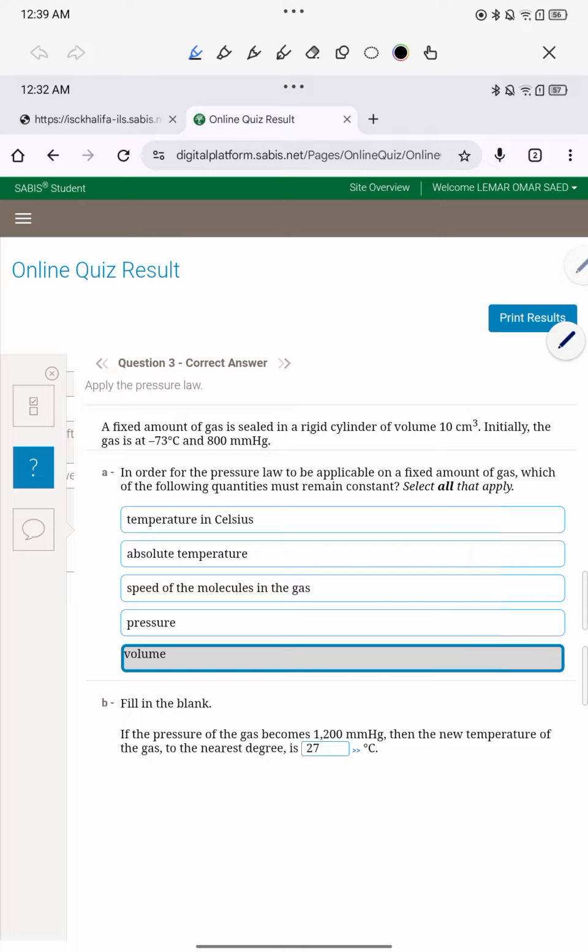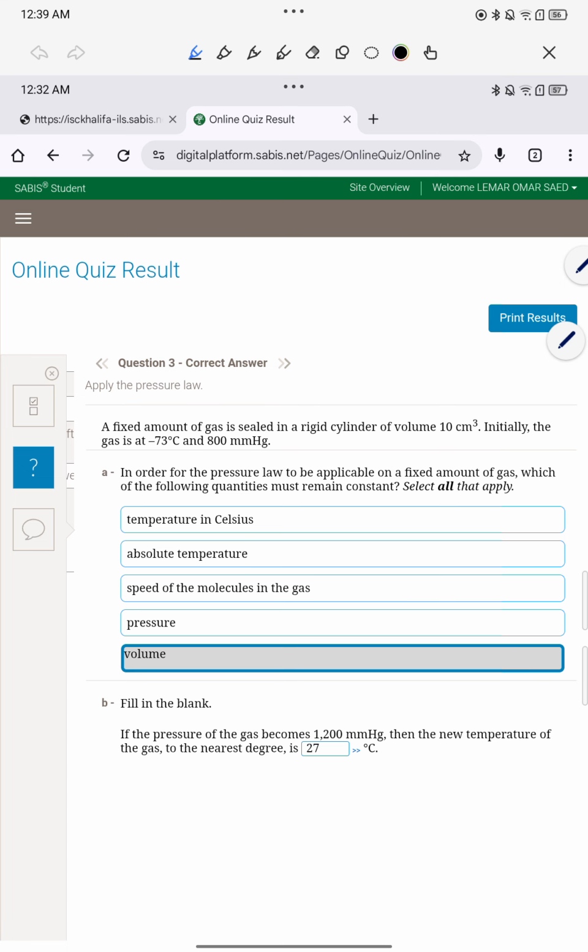Pressure law, which is P1 over T1 equals P2 over T2. Okay, here P1 is 800.